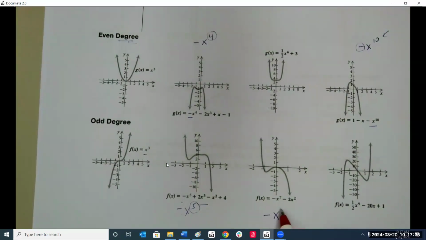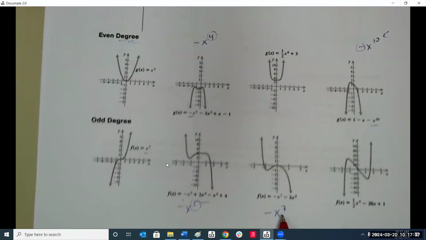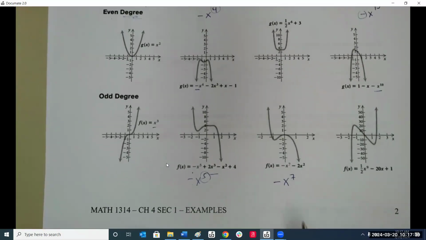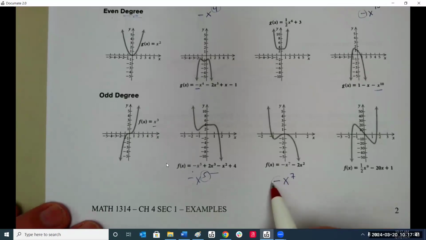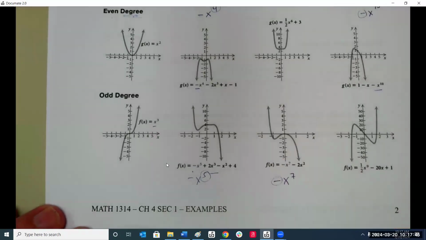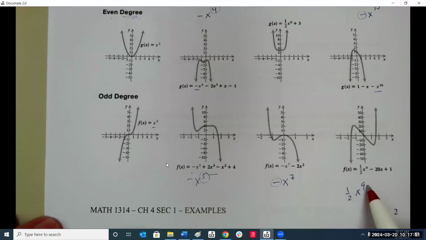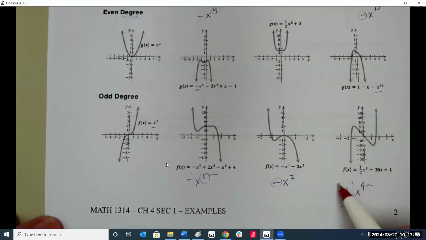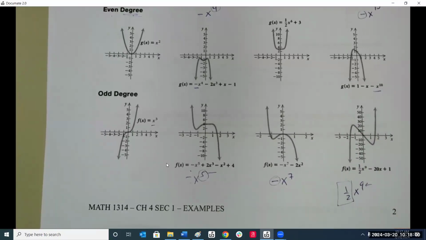At negative x to the seventh, again, it's an odd degree, which means opposite directions. Since it's negative, the right side goes down, the left side goes up. 1/2 x to the ninth, again, odd power, and this is positive, so it goes up to the right, down to the left. If it's odd, they go opposite directions.